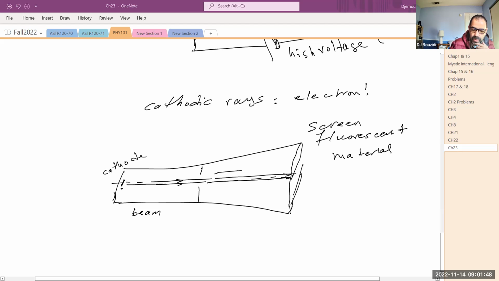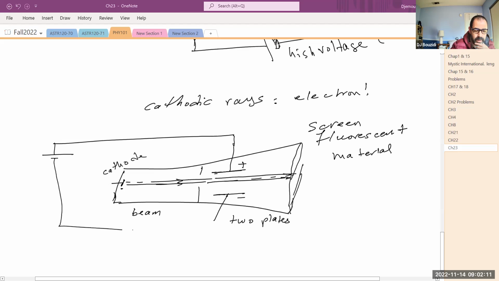Well, what happened if you have another two plates in here? So you have two plates. One of them is negatively charged and one of them is positively charged, similar to a condenser capacitor, but two plates basically. So you have like another battery in here that produces a voltage difference between two metallic plates.